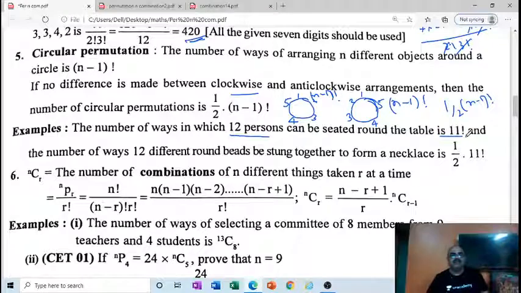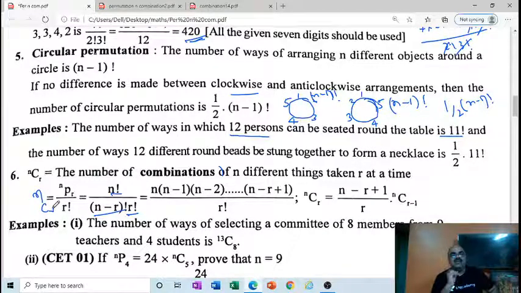The number of combinations of n different things taken r at a time is NPR by r factorial. See, in our previous formula, we had only n factorial and n minus r factorial. Now we got added with one more division of r factorial. So it is said as NPR by r factorial will give you NCR.